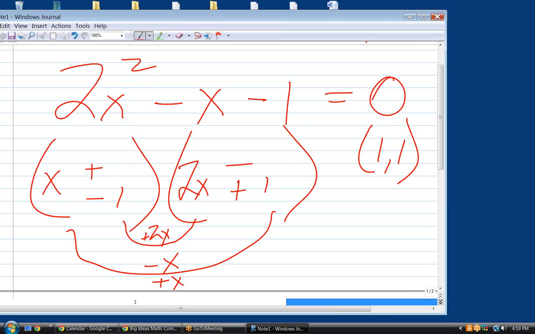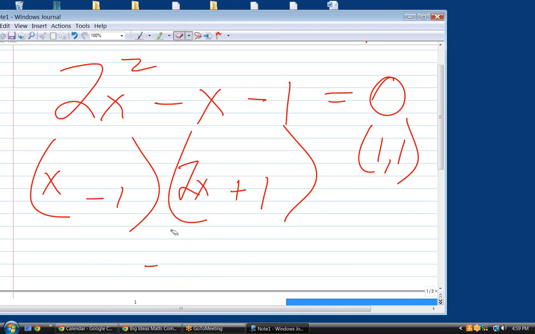In other words, let's make that our solution. And notice now when I multiply the two middle terms, the inside terms, I get minus 2x. The outside terms give me plus x, and that gives me a minus x for my middle term, which is what I'm looking for. That's correct. Therefore, that's the correct factors.